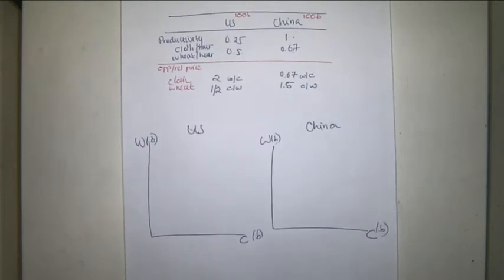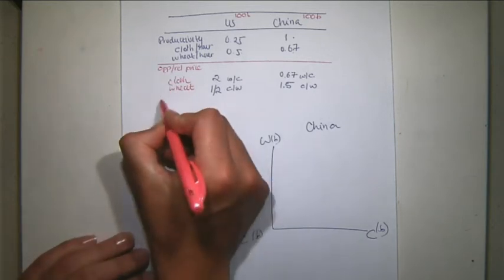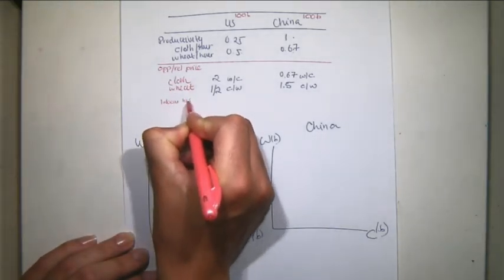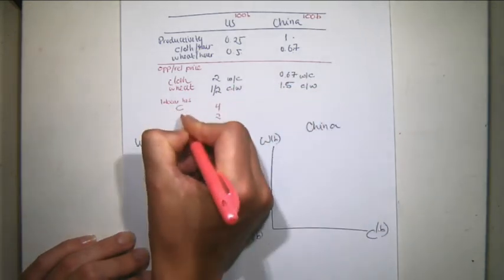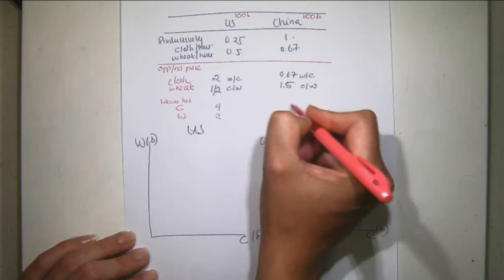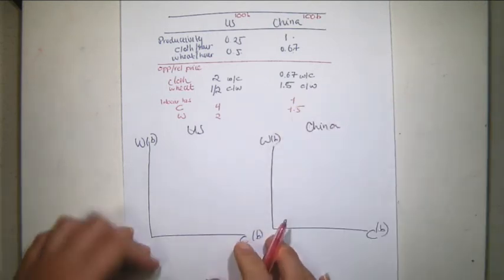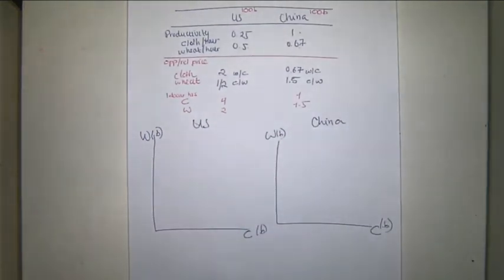In order to draw these graphs, we actually have to go back to the hours that it takes us to produce each good. You might remember that if you go back a few slides, the labor hours to make each was 4 and 2 for cloth and wheat, and 1 and 1.5. So this is just the number of hours it takes to make a cloth or a wheat.